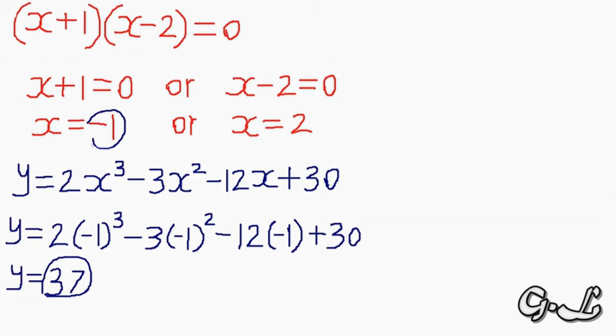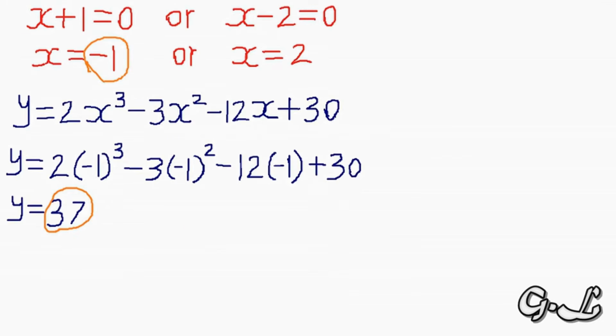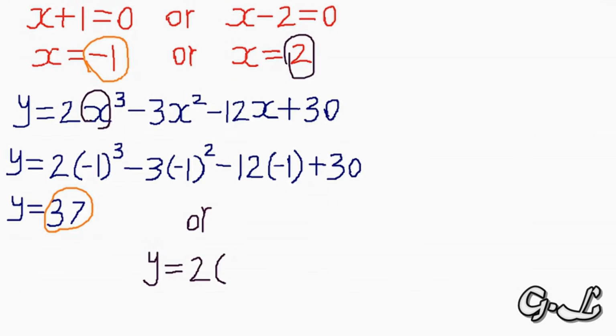After you replace with -1, it will give you the value of 37. So in such a case, -1 has produced 37, meaning that that is a pair. That is the first pair that we have. Those correspond to each other. And then we also have another x coordinate, 2.